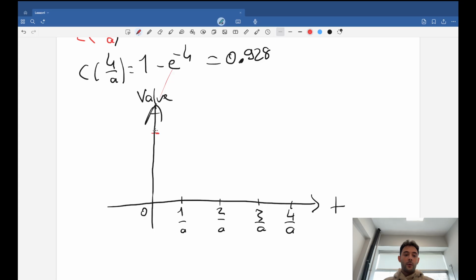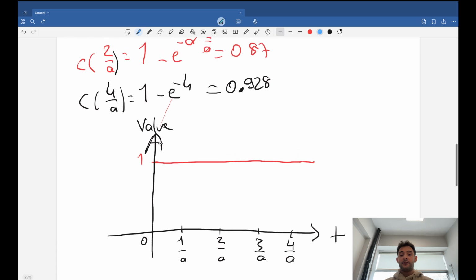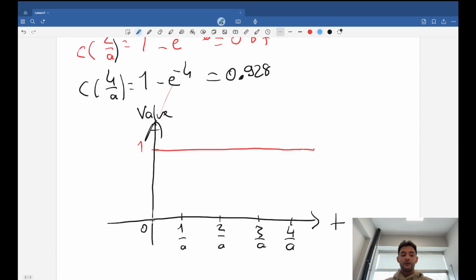And let's do it with the red marker. At 1, we had our unit step. Let's draw it carefully. There's a unit step, and the blue marker indicates our system response. So since at 4 over a it reaches almost 1, I can draw it like this.